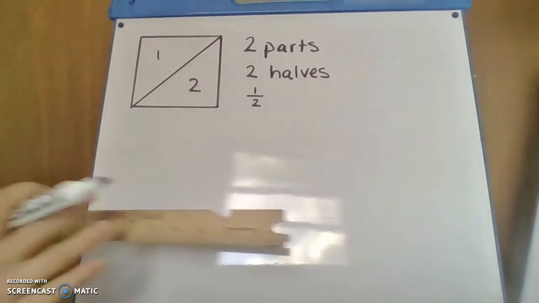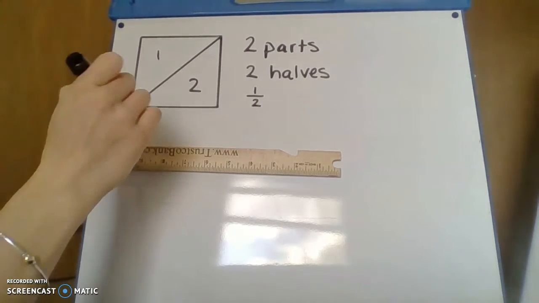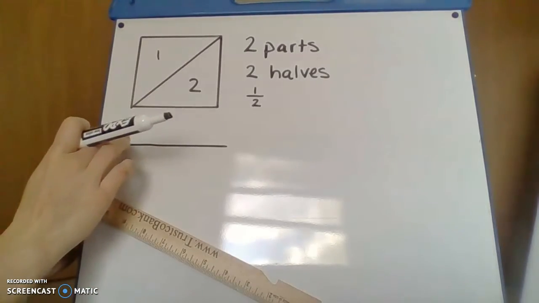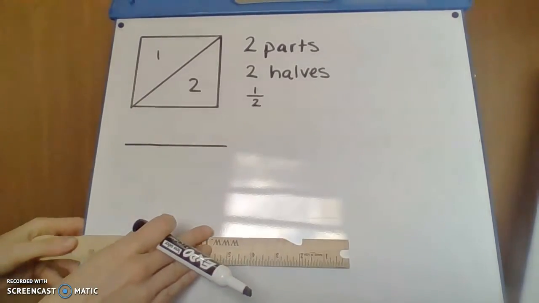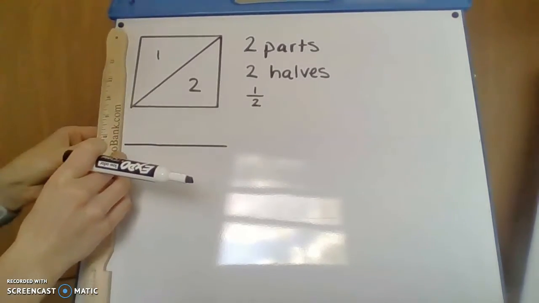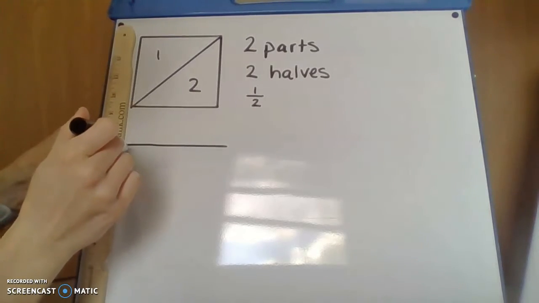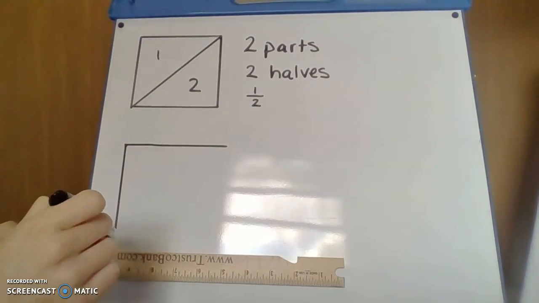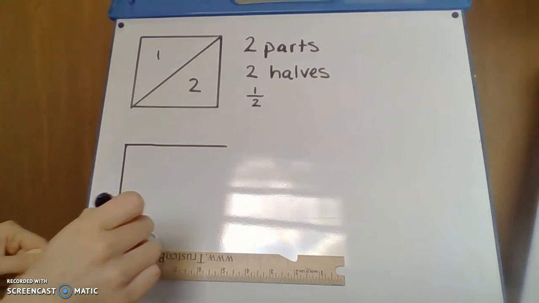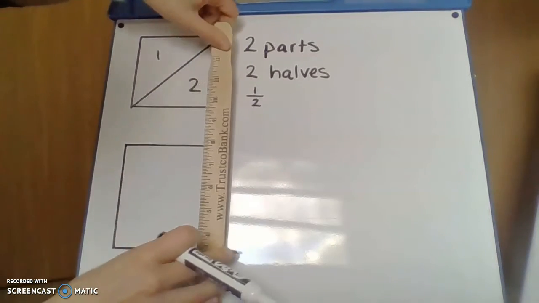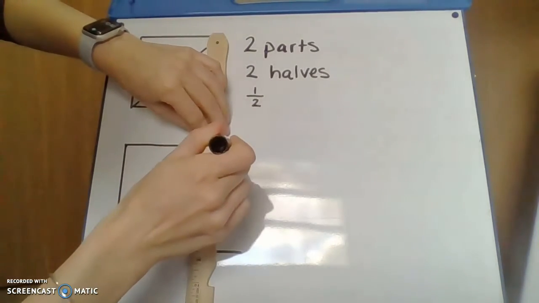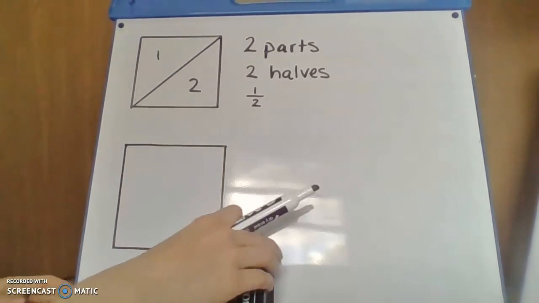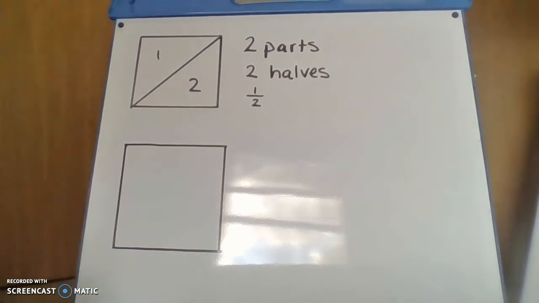So let's make another shape. I'm just going to use a square again. This ruler's hard because it's really big for this board. But I'm still trying my best. And then remember, I just erased the extra, no big deal.